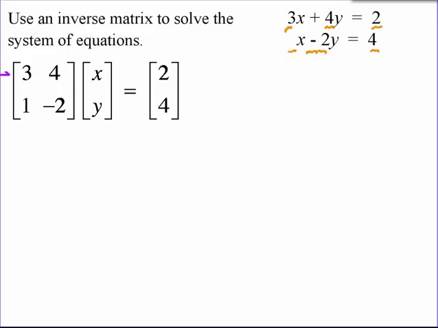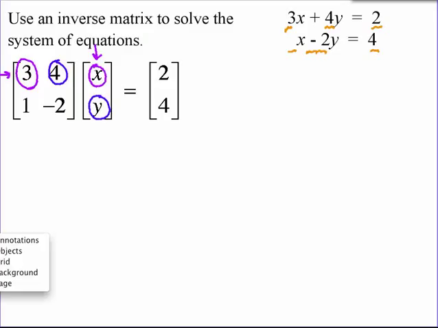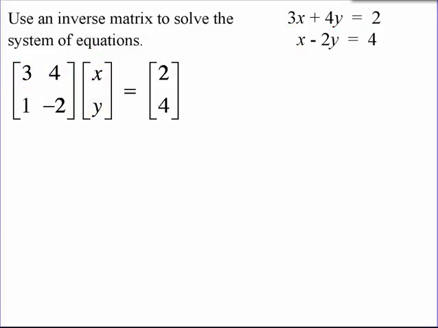If I take row 1 times column 1, because that's how I would multiply matrices, I'm going to take 3 times x, and then add 4 times y, which is exactly what the first part of the equation is. And so that's why we do it that way. Good rule of thumb, just memorize, you're going to take it times xy. Now this resembles one of the equations that we looked at on the previous page.